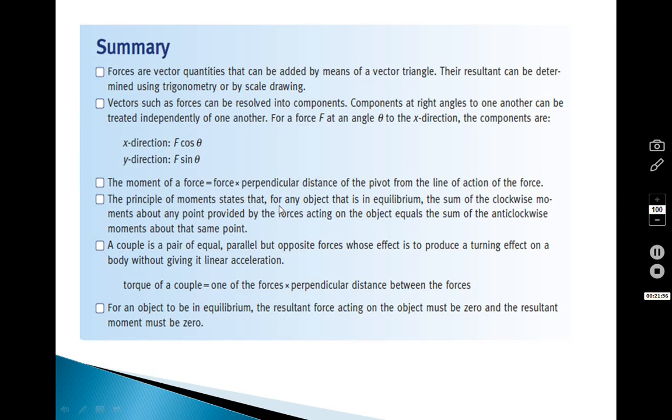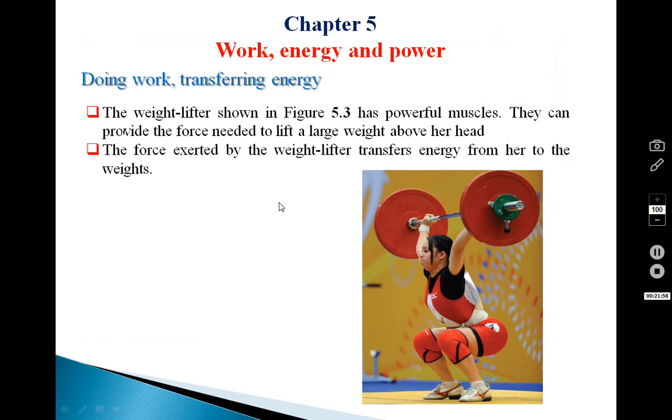Now we will move to chapter number 5, which starts with work, energy, and power. This is a very important chapter with very interesting topics.